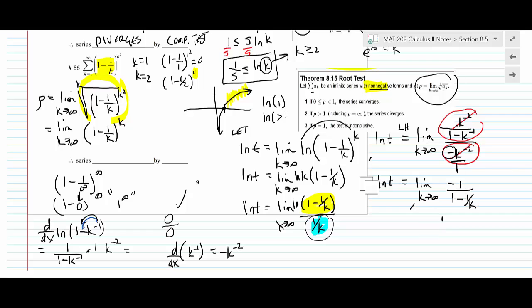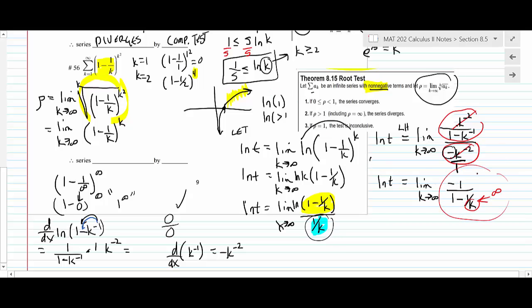Now, what I can do from here is do my limit and see what I get. If k goes to infinity, then where does this whole limit go to? Negative 1, right? It'd just be negative 1 over 1, because the denominator would go to 1.